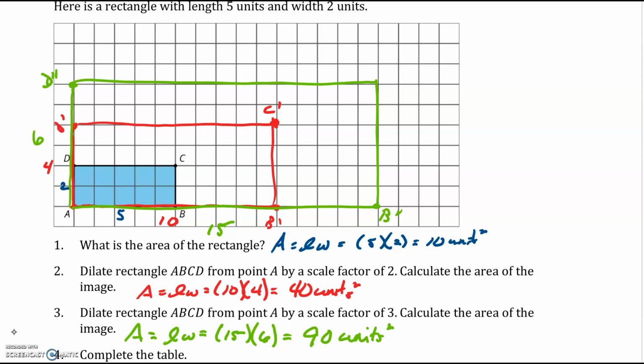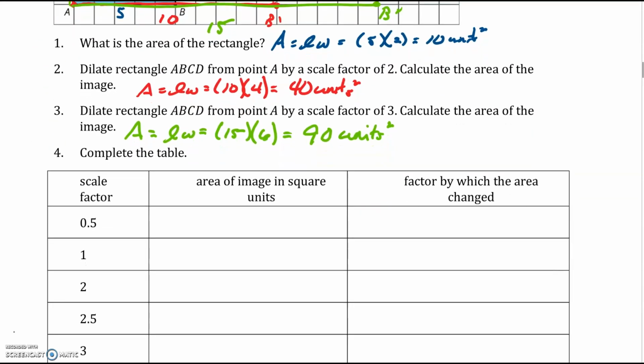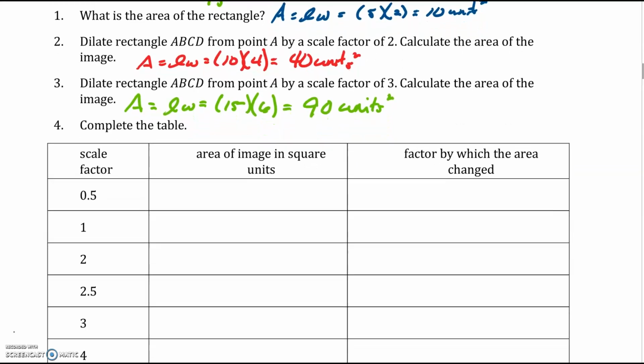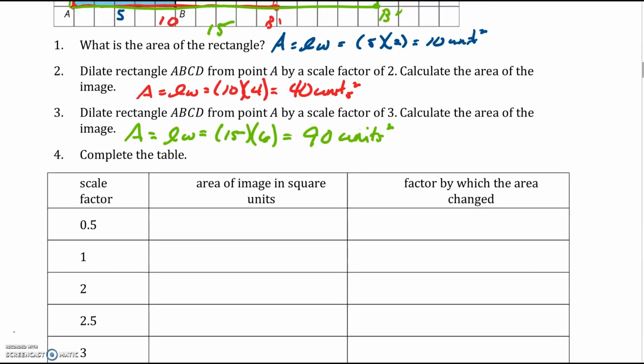Okay, down here to number 4, what we want to do is complete this table. So I have a new scale factor here, 0.5. I'm going to skip this, and I'm going to do a scale factor of 1, which means that it's not going to change from the original.